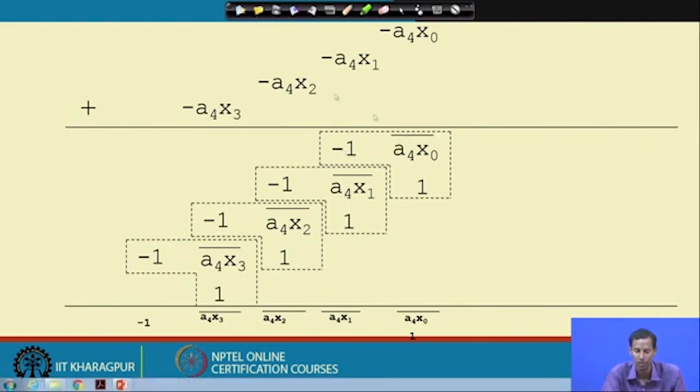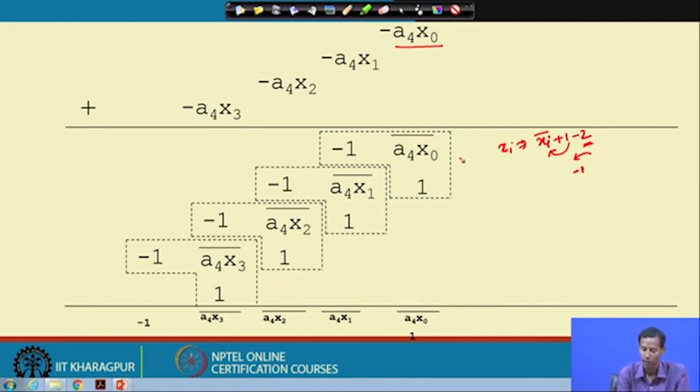That means, if I consider this as x i, then x i equals x i bar plus 1 minus 2. Minus 2 means it comes as minus 1 to the next MSB, and 1 stays at the same position, along with x i being a4 x0, so it will be a4 x0 bar.